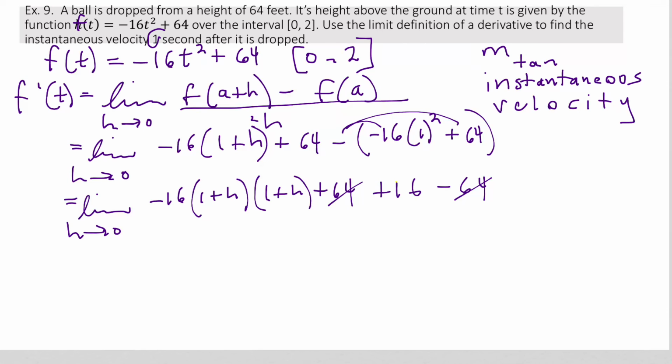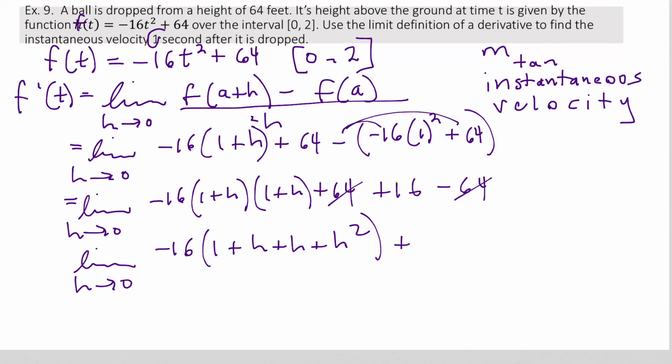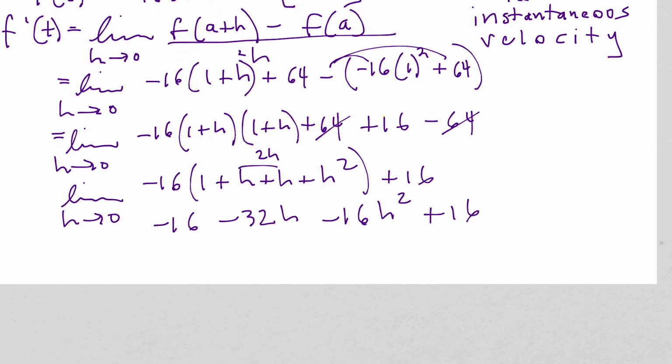Alright, so that's equal to the limit as h approaches 0 of negative 16 times (1 plus h plus h plus h squared) plus 16, which, if I distribute that, this is 2h. So that's minus 32h minus 16h squared plus 16. Alright, looks like the 16s are going to cancel. So that means I've got the limit.